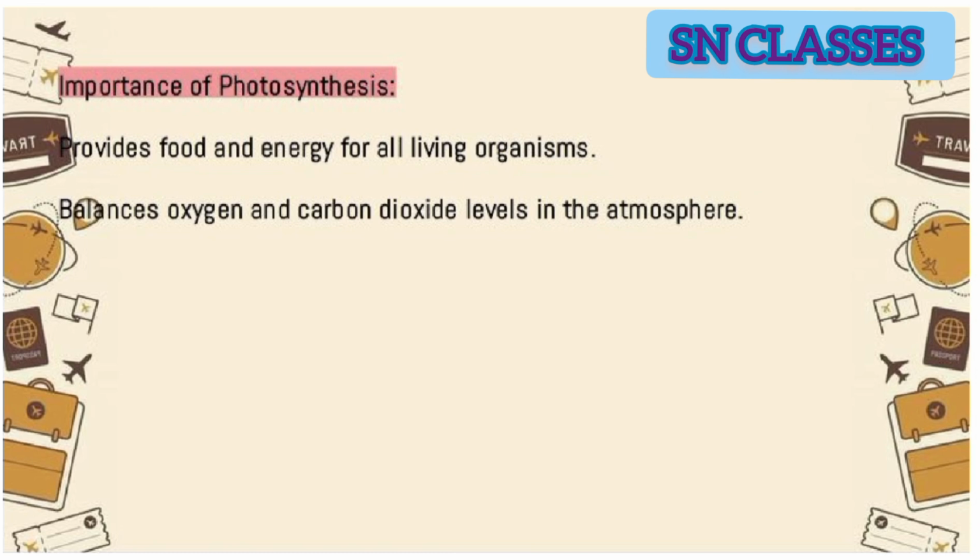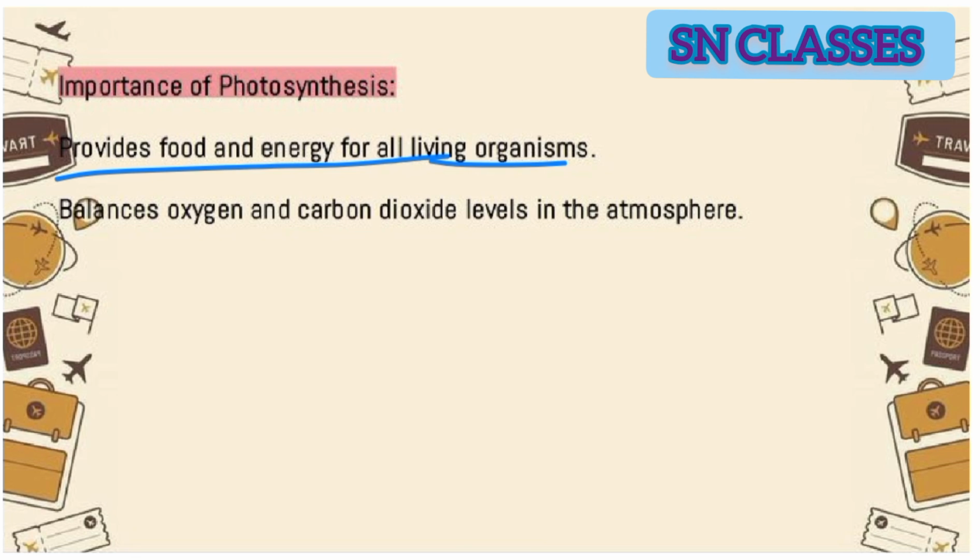Now let us see the main importance of photosynthesis. First, it provides food and energy for all living organisms. With the help of photosynthesis, the plant can prepare its own food and get stronger, and later it gives energy to other living organisms too.